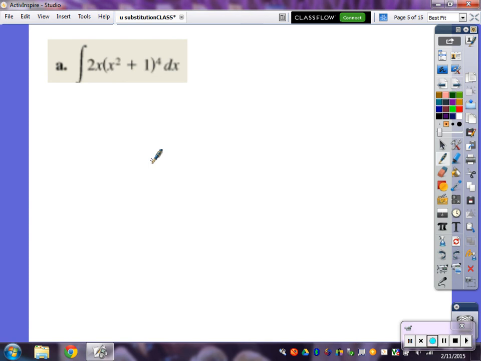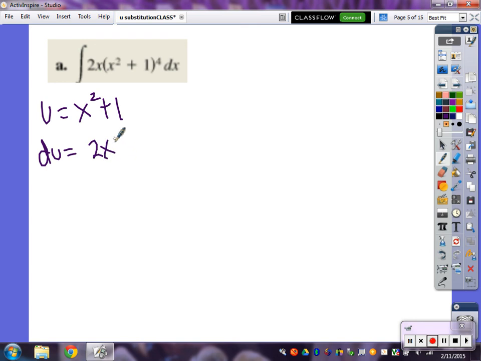A lot of times your U is going to be your inner function. So think about this as 2x times this composite function here, this function raised to the 4th power. So if we let U equal x squared plus 1, then du would be equal to 2x.